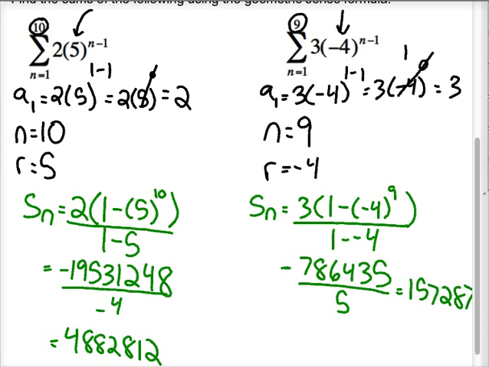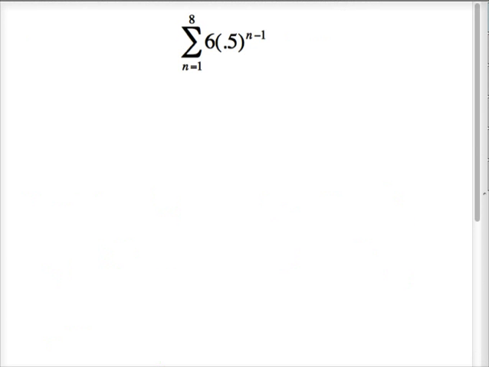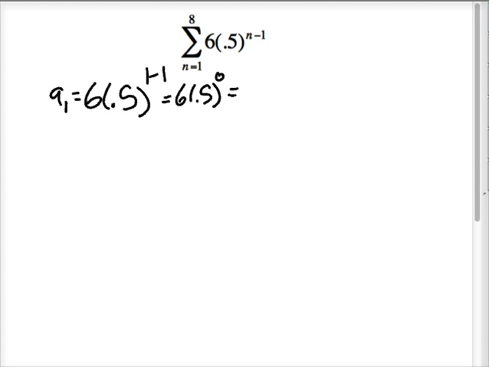So let's do one more, just to make sure that you're understanding the keystrokes and exactly what you need to be doing. So we need our first term. Again, our first term is where you plug 1 in. Well, 1 minus 1 is 0.